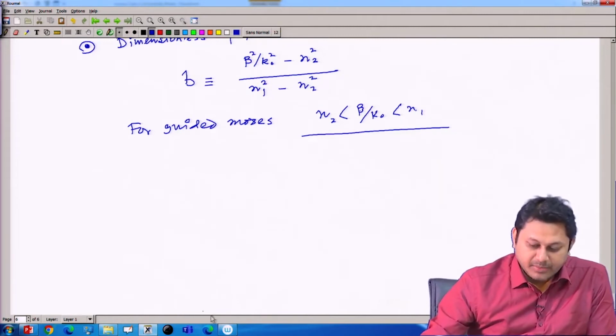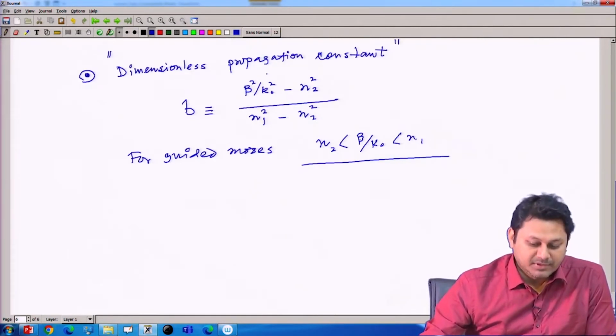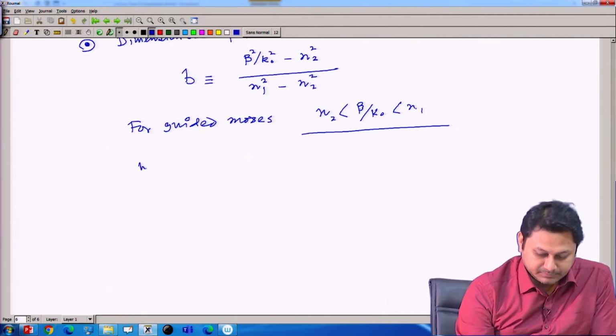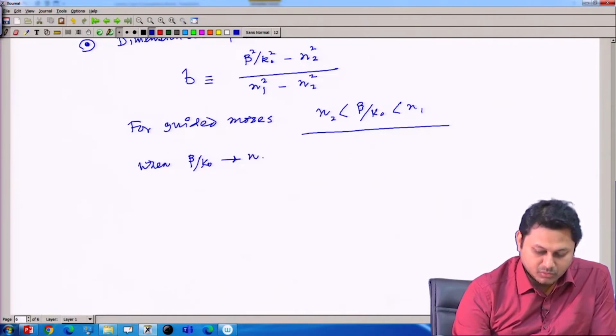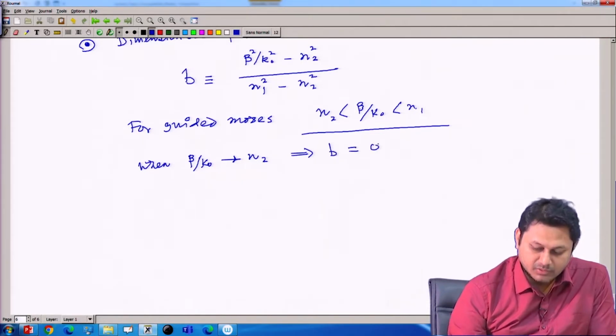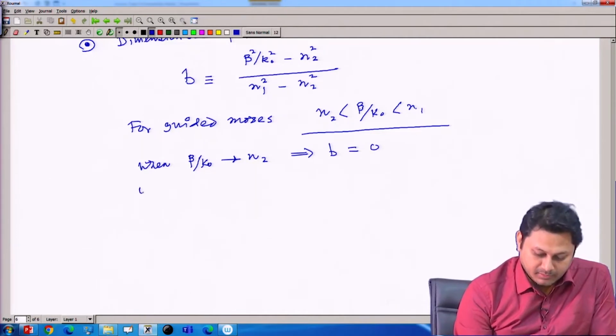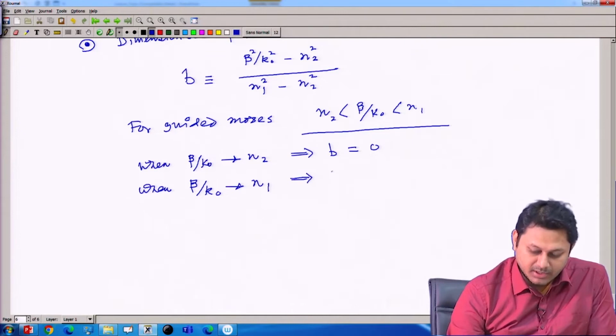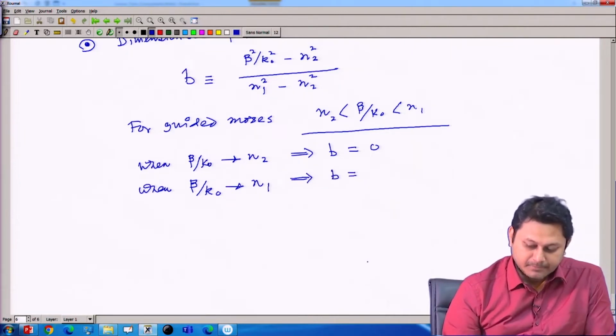If I put this restriction into this dimensionless propagation constant, you can see that when beta by k0 tends to n2, we have the value of B equal to 0, and when beta by k0 tends to n1, we have B equal to 1.